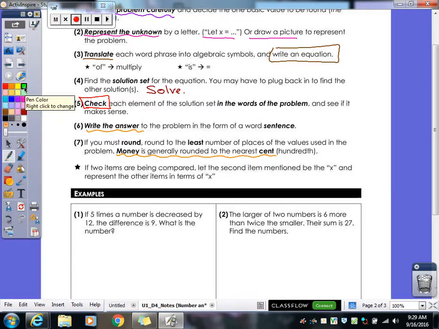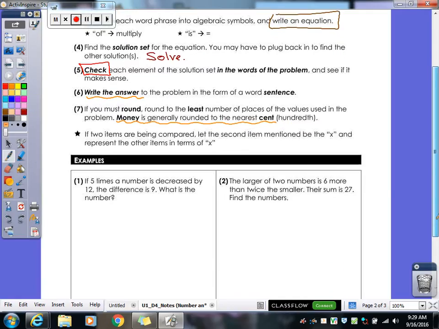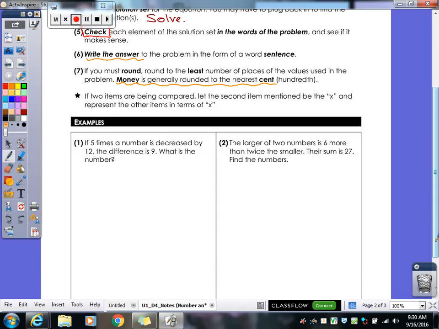So let's take a look at our first example. If 5 times a number is decreased by 12, the difference is 9. What is the number? So what are we trying to find?